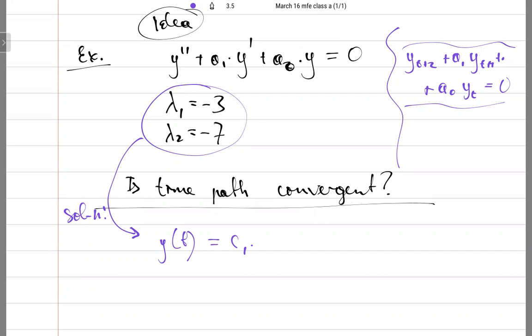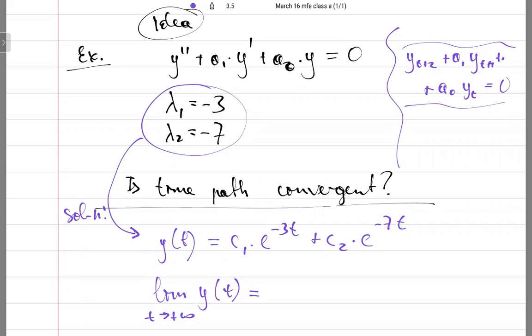So it's e to the power of -3t plus c2 e to the power of -7t. And obviously, without any Hurwitz criterion, the limit of yt when t tends to plus infinity is equal to 0.